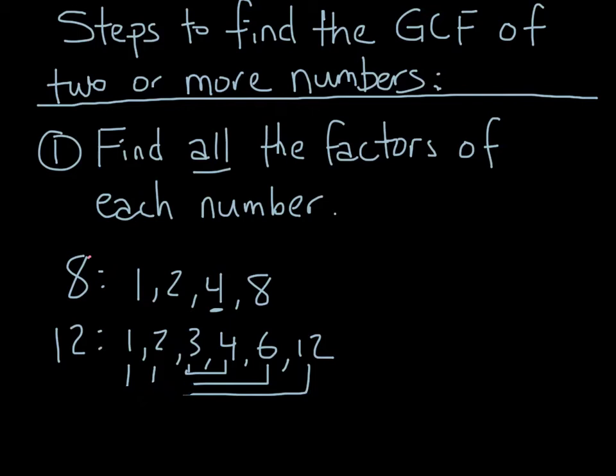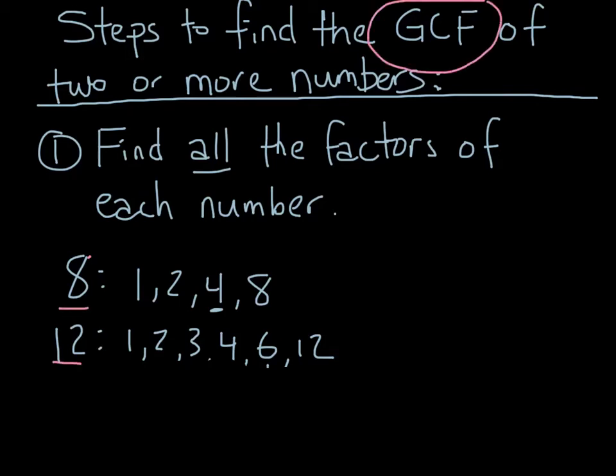Okay, I'm going to erase these though, so they're not in our way while we try to find the greatest common factor. Okay, so we've found all the factors of 8. We've found all the factors of 12. Now we need to try to find the GCF, or the greatest common factor, of 8 and 12.